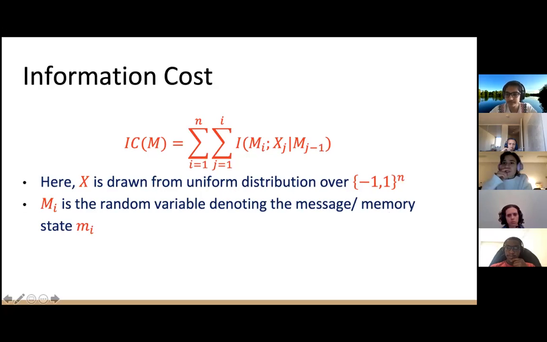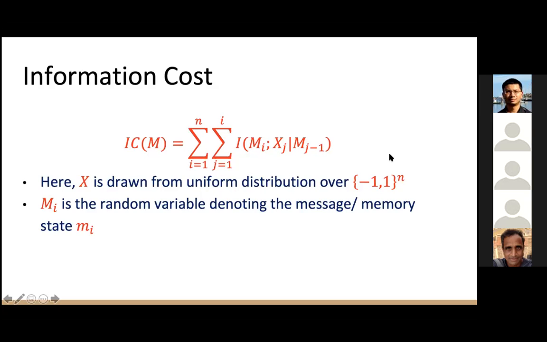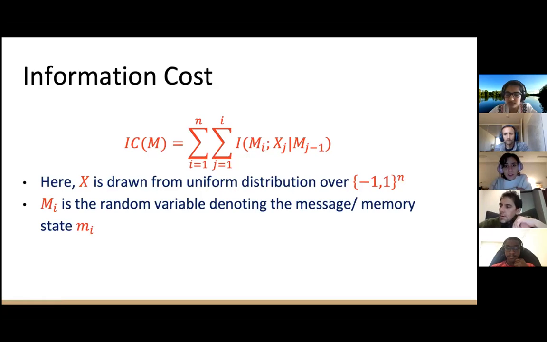I have a question. Your variable X is drawn according to the uniform distribution here, but the protocol itself is not random, is it? The protocol can be random.